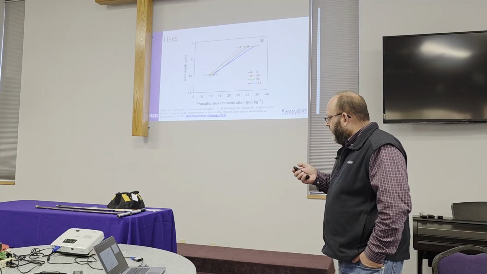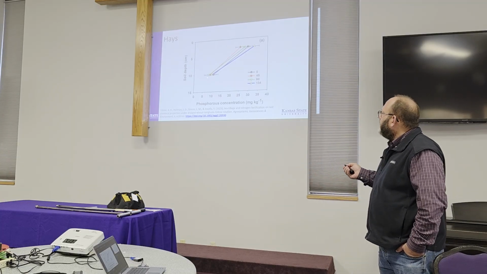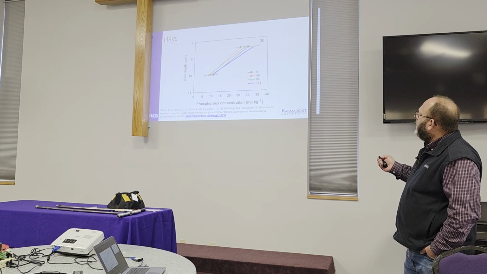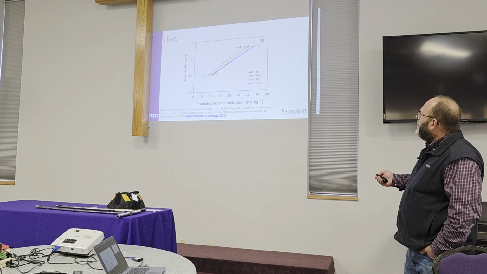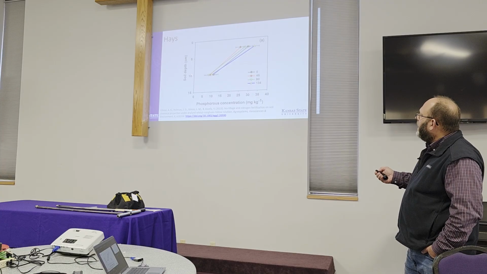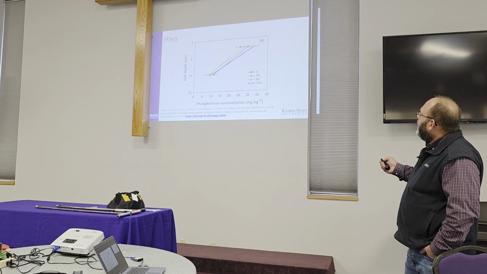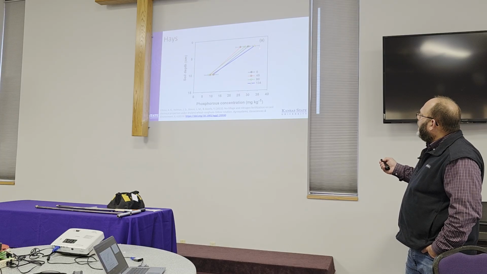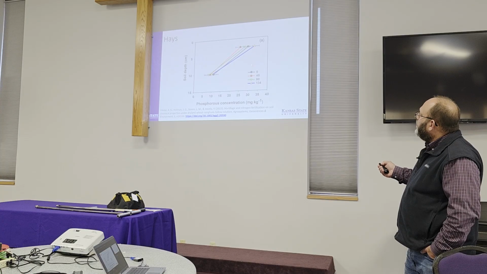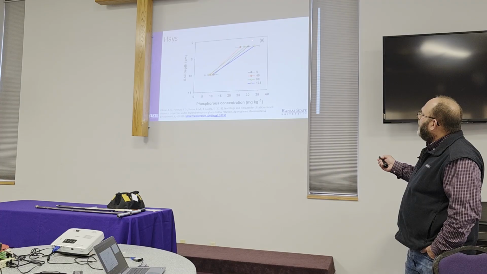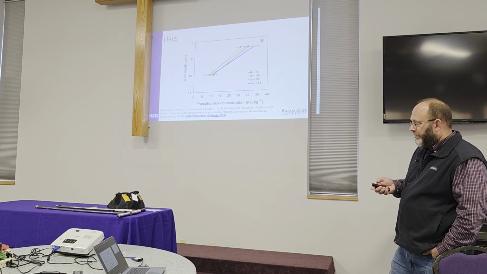Out of the paper that Augustine has published out of Hayes, he's got his different nitrogen rates here, but this is looking at soil depth and phosphorus concentrations. And again, we see that higher soil phosphorus at that near surface, and he picked up an interaction with nitrogen as well, but we see those higher phosphorus concentrations there as well.